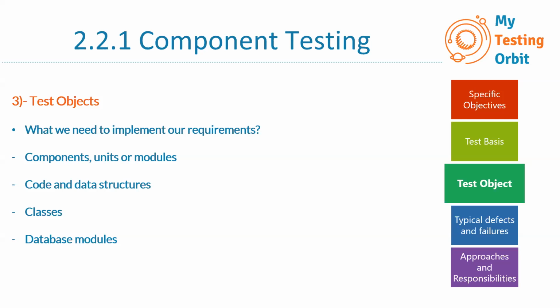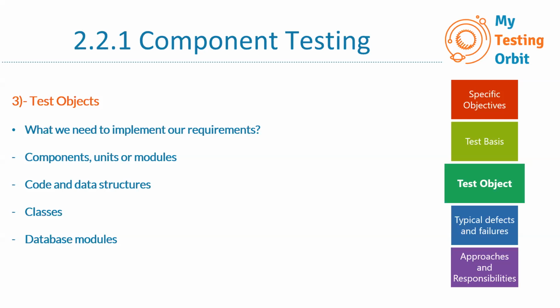The fourth one is database modules. Database modules can be linked to the data structure part, which we already did. An example of a database module is if we have to test a data range or a date range, then these kinds of things will come under database modules.